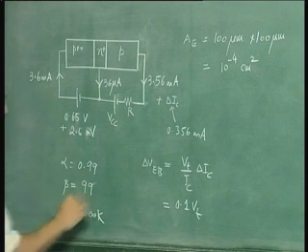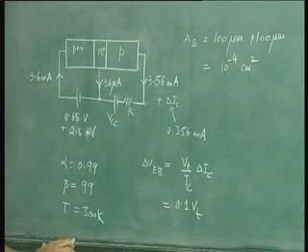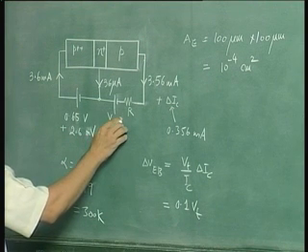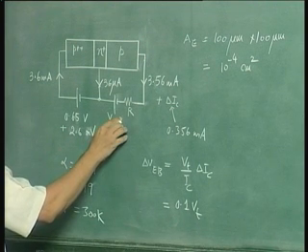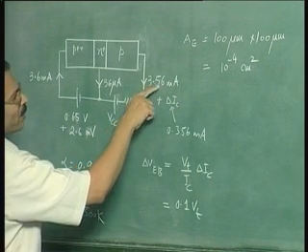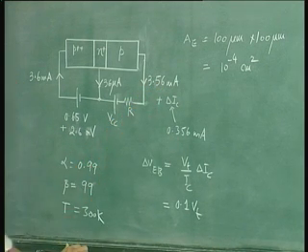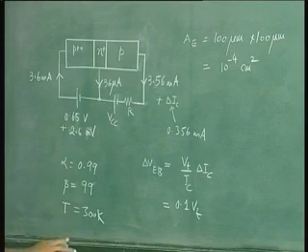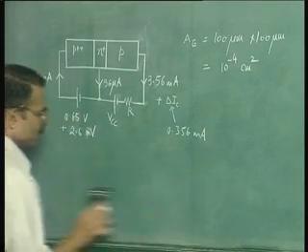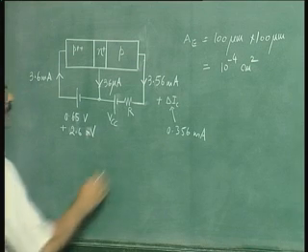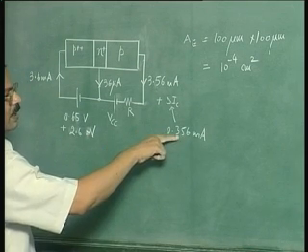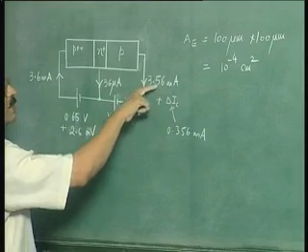Now if this is the incremental current present, what should be the value of VCC? The value of VCC should be equal to the resistance R here multiplied by 3.56 plus 0.356 milliamperes. Okay. Now let us take an extreme situation where this current delta IC is exactly equal to 3.56 milliamperes.